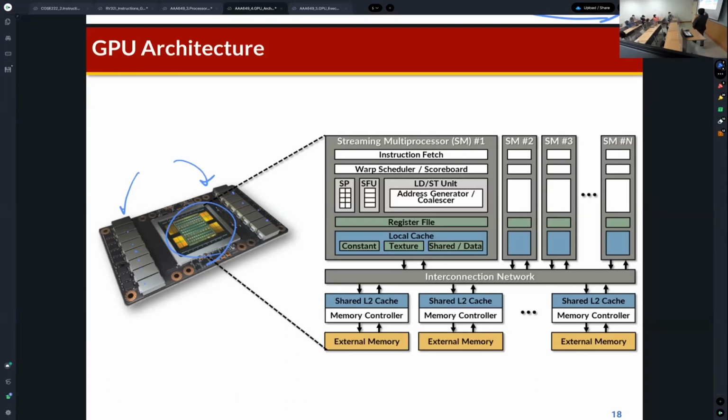These device memories are just placed on the GPU card. You cannot change the GPU memory. For the CPU, we just purchase DIMMs and attach more DIMMs if we want to increase the capacity. For the GPU, these memory chips are soldered on the GPU card, so you cannot change the size of the GPU memory.